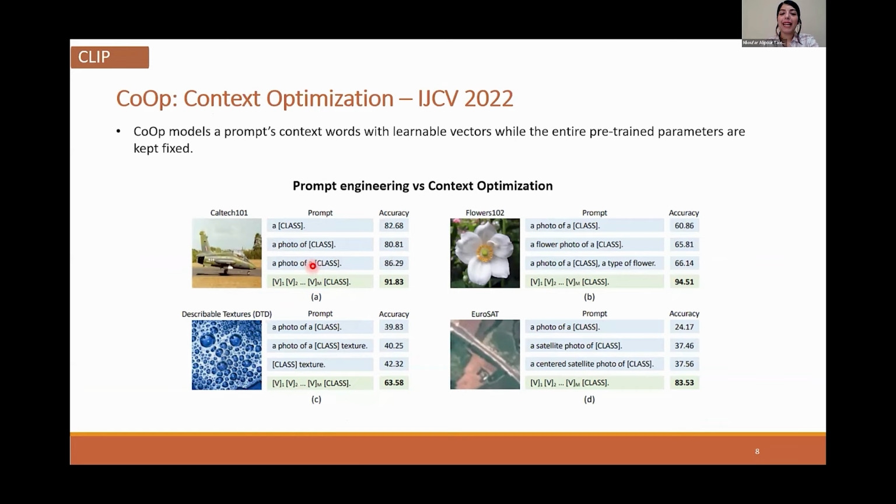Also, adding the word "a" before the name of the class improves the performance by more than 5%. So, CLIP is really sensitive to the input to the text encoder. We need to do prompt engineering. But the problem is that it takes a lot of time. And even after taking that time, we are not 100% sure that our template is the best.